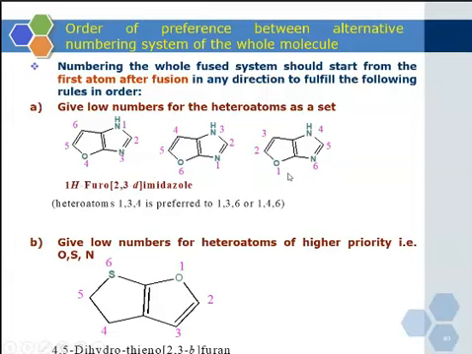Here, if we see left hand bottom, from the left hand bottom we are starting the numbering, because this numbering should always start from the first site after the site of fusion.